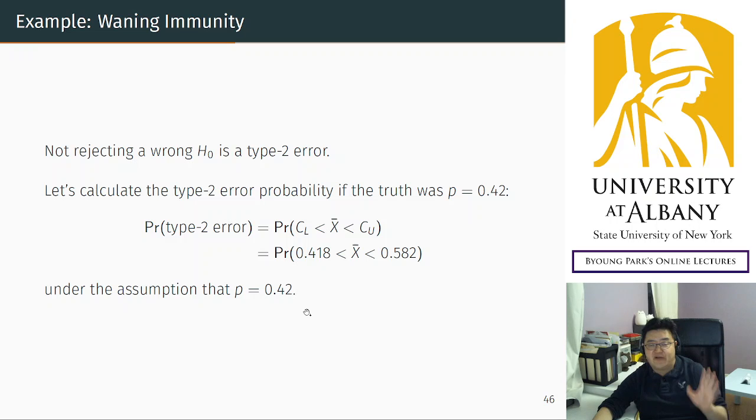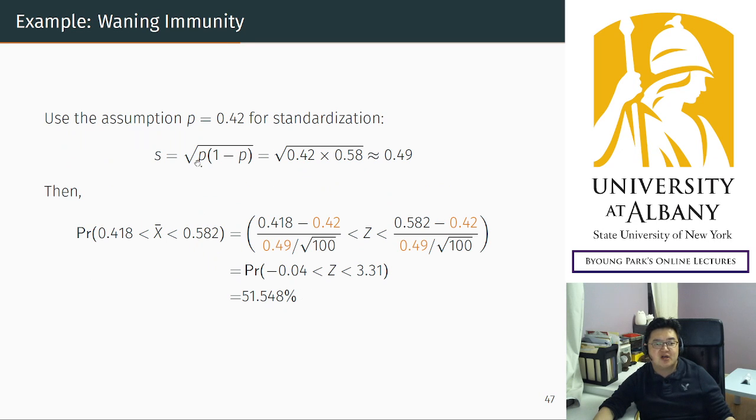So far, it's exactly the same as what we did in the earlier example, but there is one major difference. An important difference is that you need to use this assumption to calculate the standard deviation. So when you believe that the true parameter is 42%, that is the mean, but at the same time, that will determine your standard deviation because of the binary distribution structure.